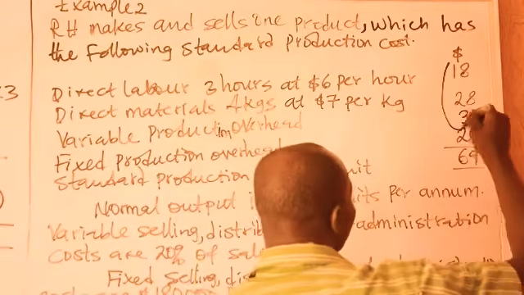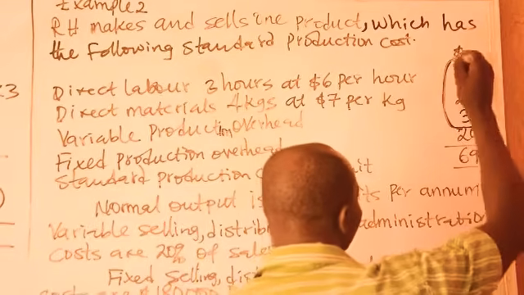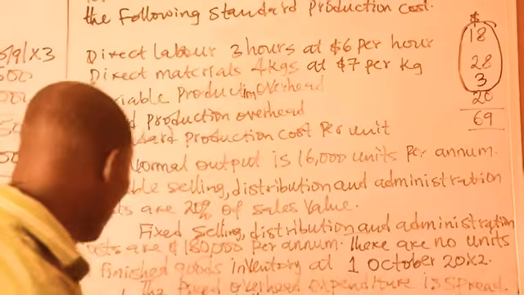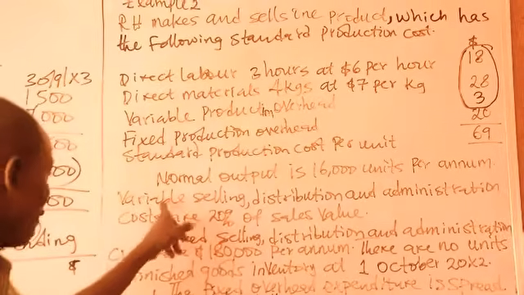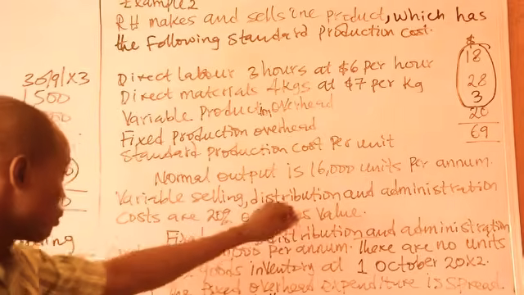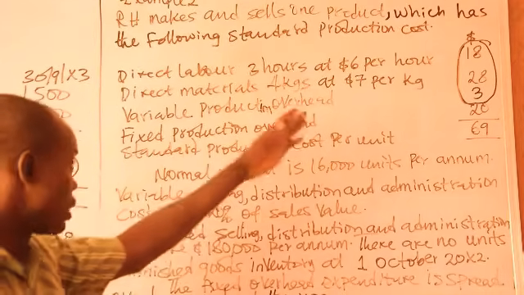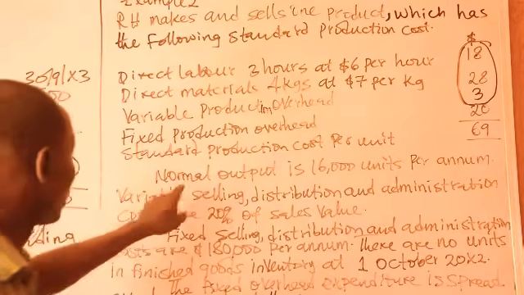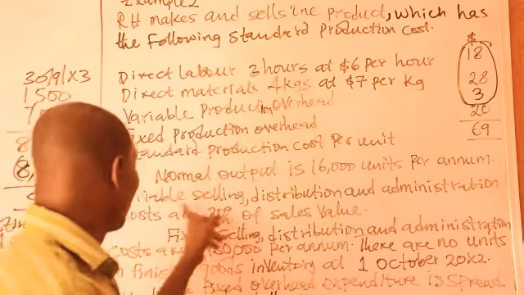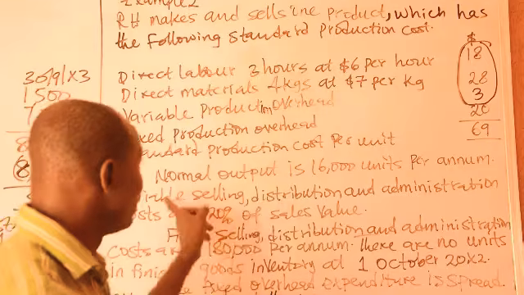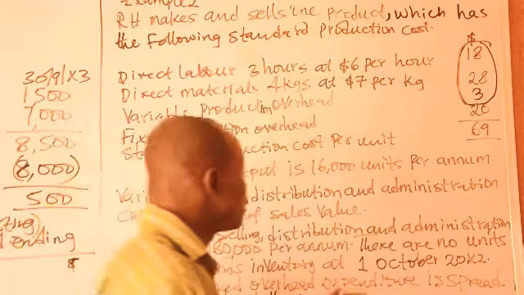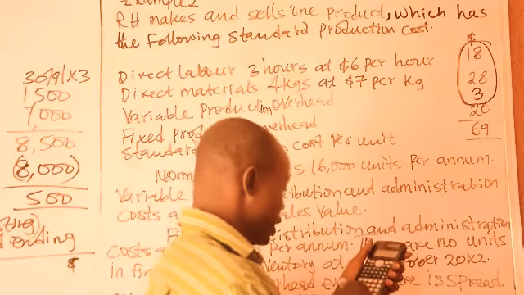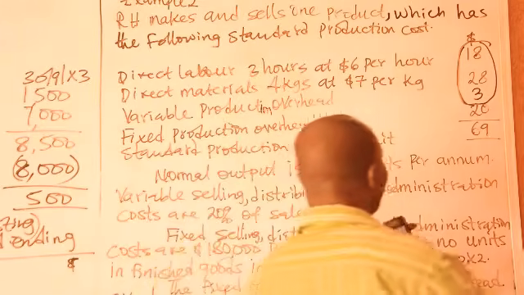Those that are variable are these three elements, the variable production cost. We still have one variable cost here, variable selling, distribution, and admin, but it will not be considered in the inventory valuation because it doesn't relate to production. The variable cost that will be considered is the variable production cost. So you sum it up: 18 plus 28 plus 3, and that will give us $49.